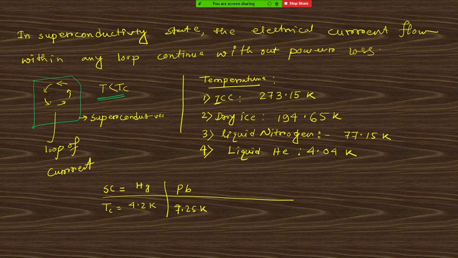So this is a drawback for this low temperature. So we need to find superconductors at higher temperature towards room temperature, but if room temperature is not possible, we need to at least go to the liquid nitrogen temperature or the dry ice temperature.